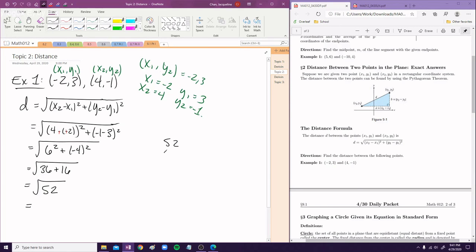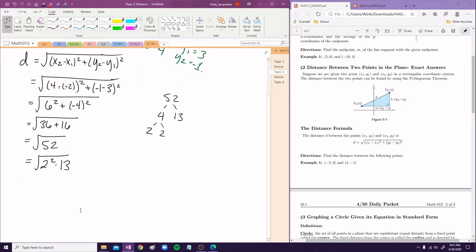I know 4 goes into 52, or you can also say 2. It doesn't matter what order you put them in. 4 goes into 52 13 times. 4 can also be rewritten as 2 and 2. 13 is a prime number, so it can't be separated anymore. So how can I rewrite 52? I can rewrite it as 2 squared times 13.